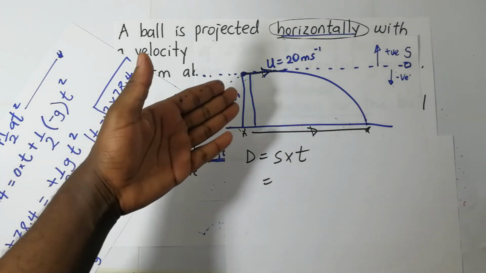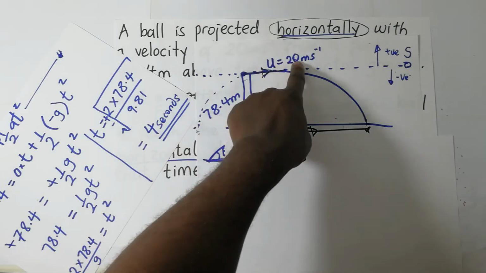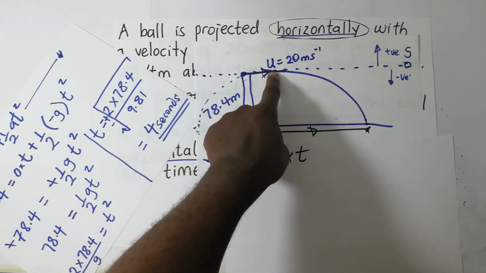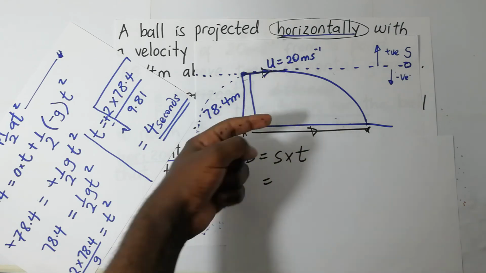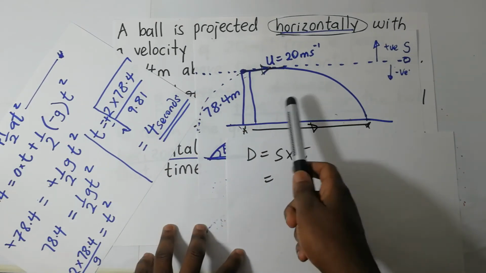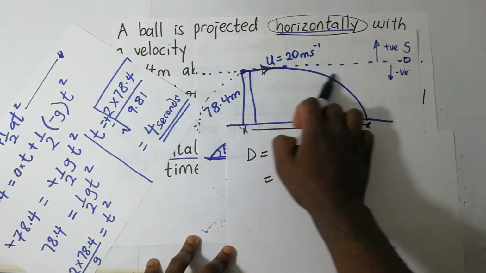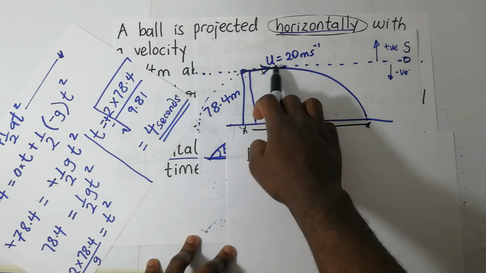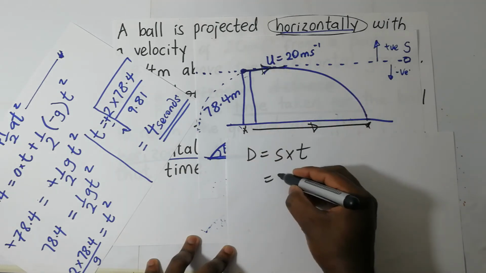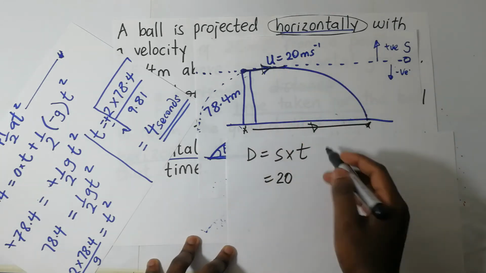So even if you are to say you want to resolve it along the horizontal, it would be u cosine of 0, and the cosine of 0 is 1. So in other words, it is going to be u times 1. So the horizontal velocity is 20, which is the speed.